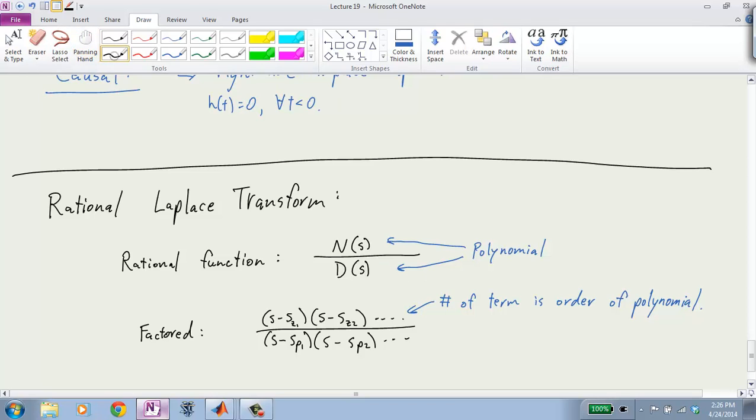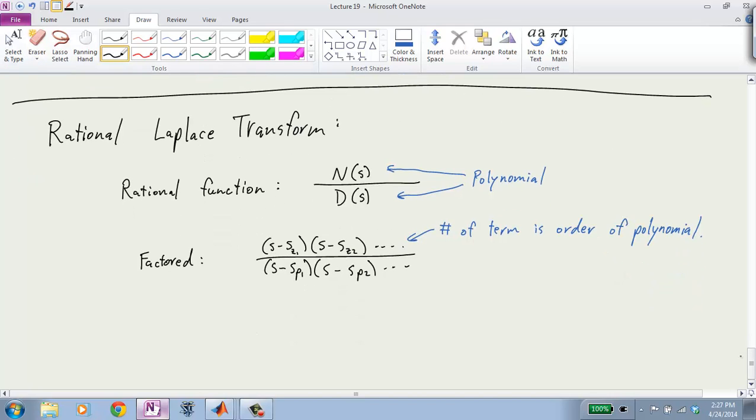Now, if we think about s as complex valued, then s and potentially the sz1, sz2, and so forth could all be complex valued. Polynomials are a little bit different than you think of in real valued polynomials.